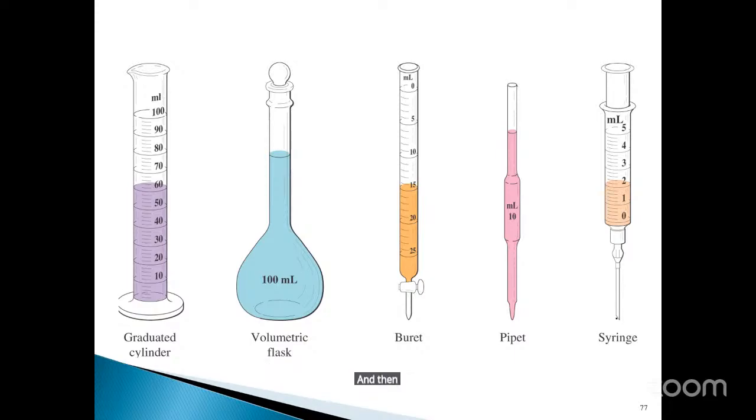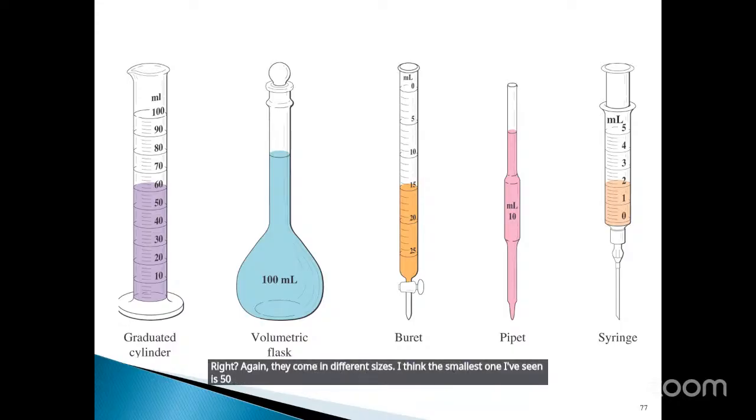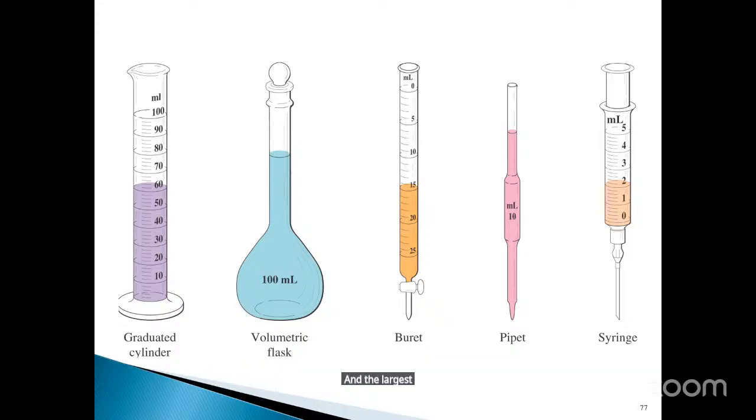And then we have this flask here. It's called a volumetric flask. These are made for more accurate measurements of one particular volume, right? Again, they come in different sizes. I think the smallest one I've seen is 50 mils, and the largest one is 2 liters, I think. And what they all have in common is a mark that is etched on the stem right here.